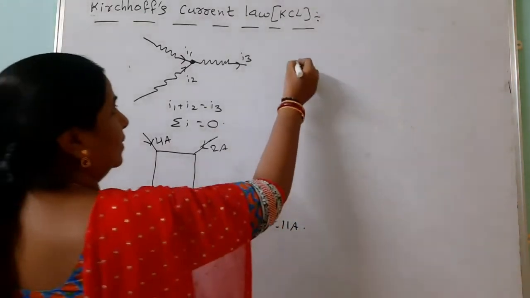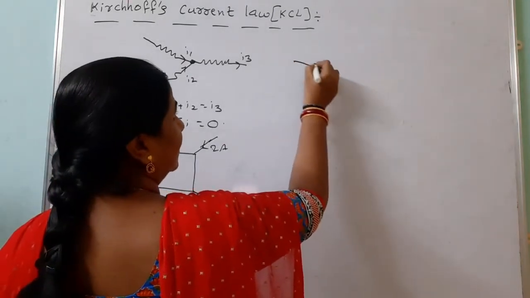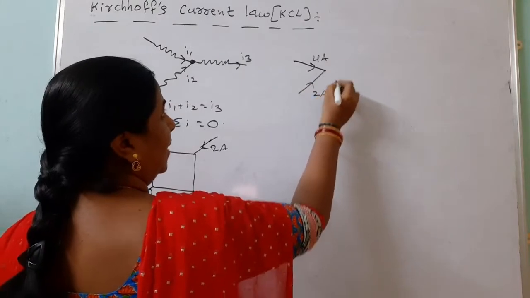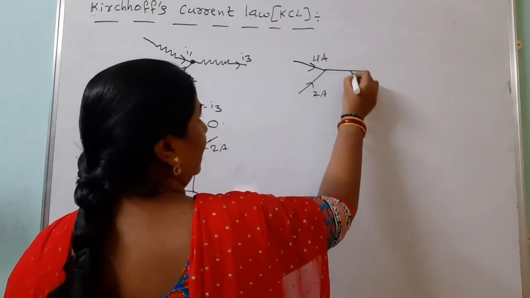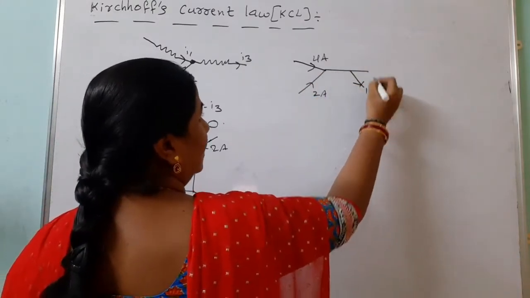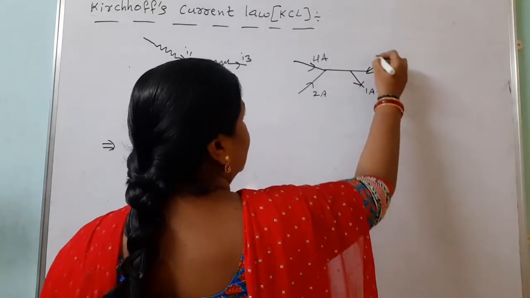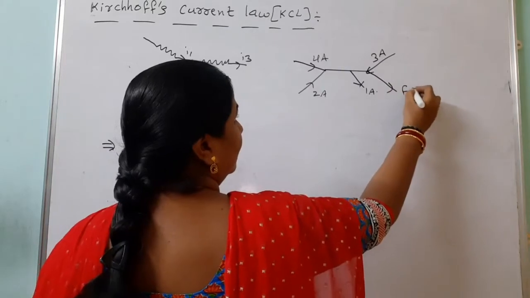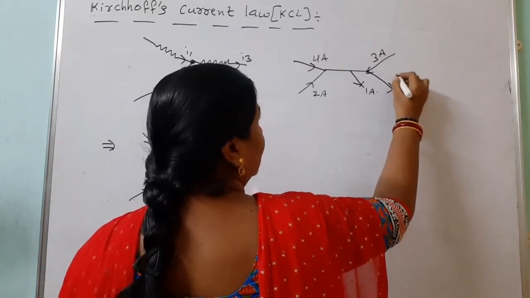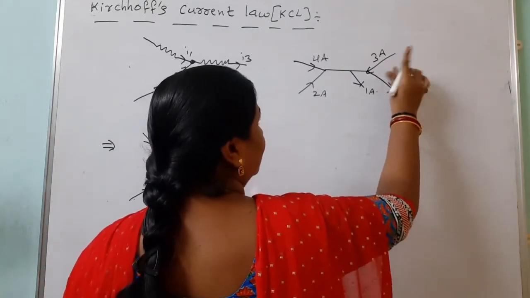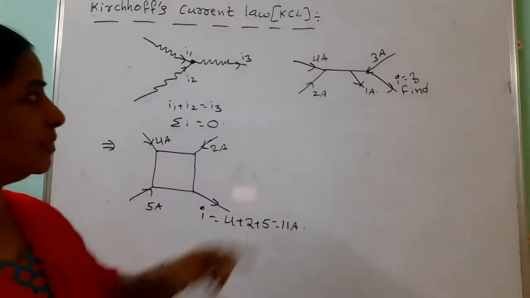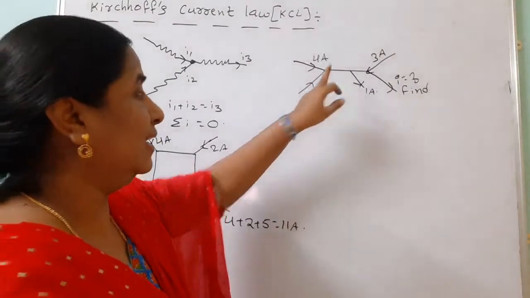And one more example, look here. This is 4 amperes, this is 2 amperes, here this is 1 ampere, and this is 3 amperes. We have to find this current. How many junctions should we observe here? See, this is one junction.